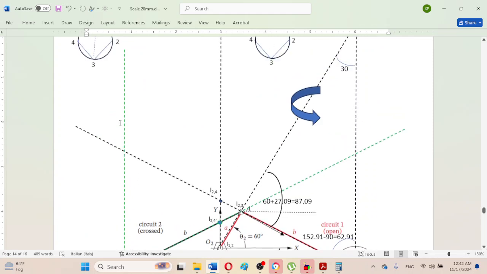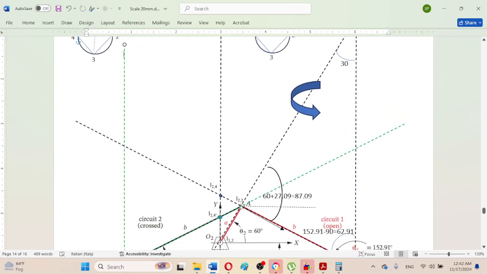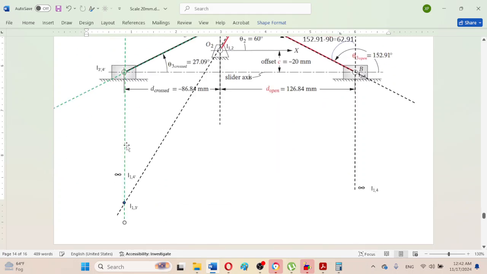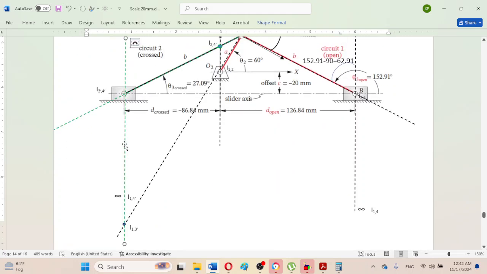So just make this line a bit shorter so that you are not confused in the diagram.